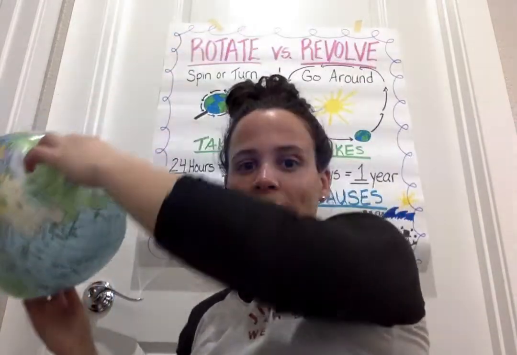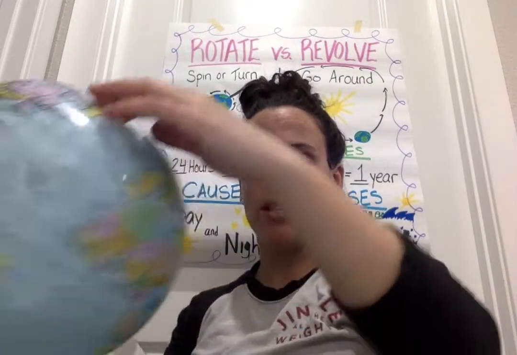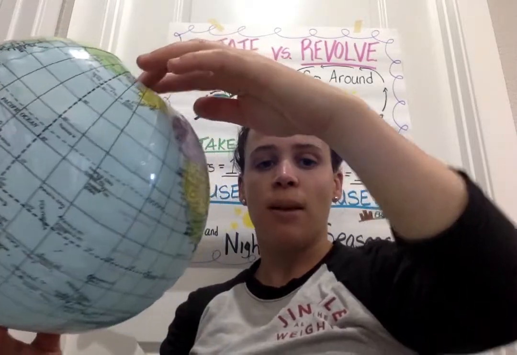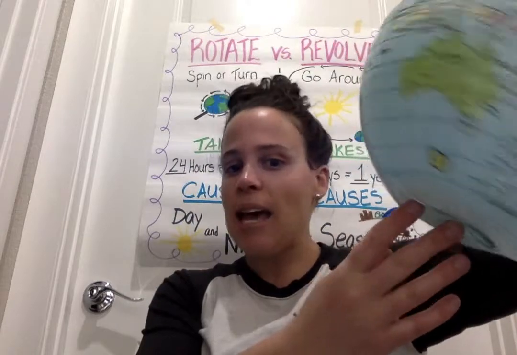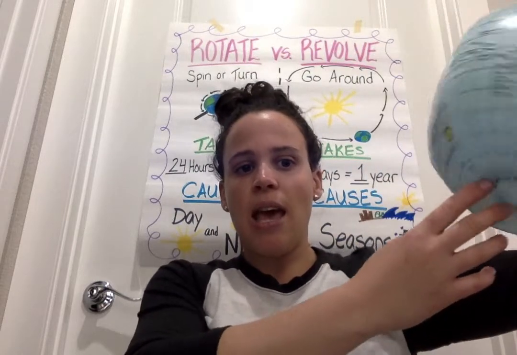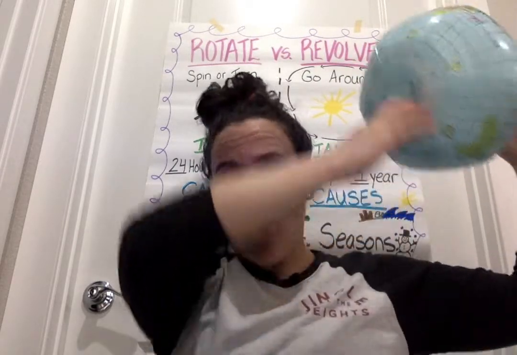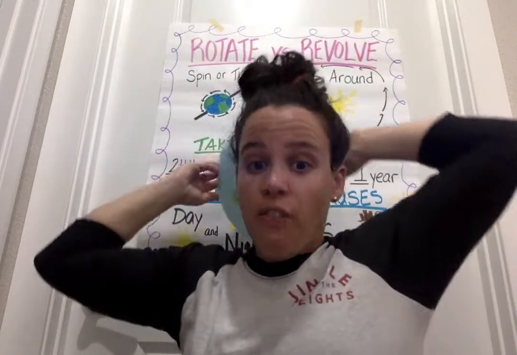The earth is rotating on its imaginary axis, right through it. So it continues to spin because we got to get day and night every day, as it's also revolving, so going around the sun.